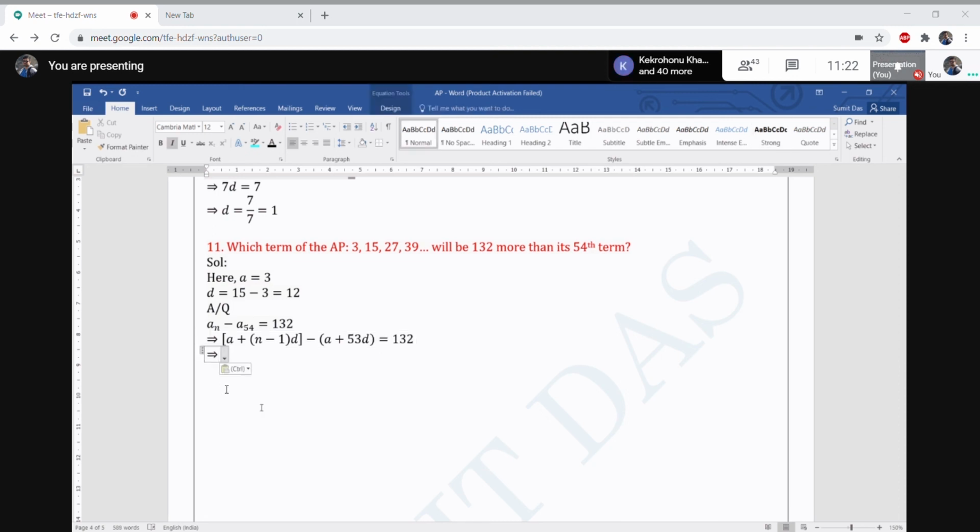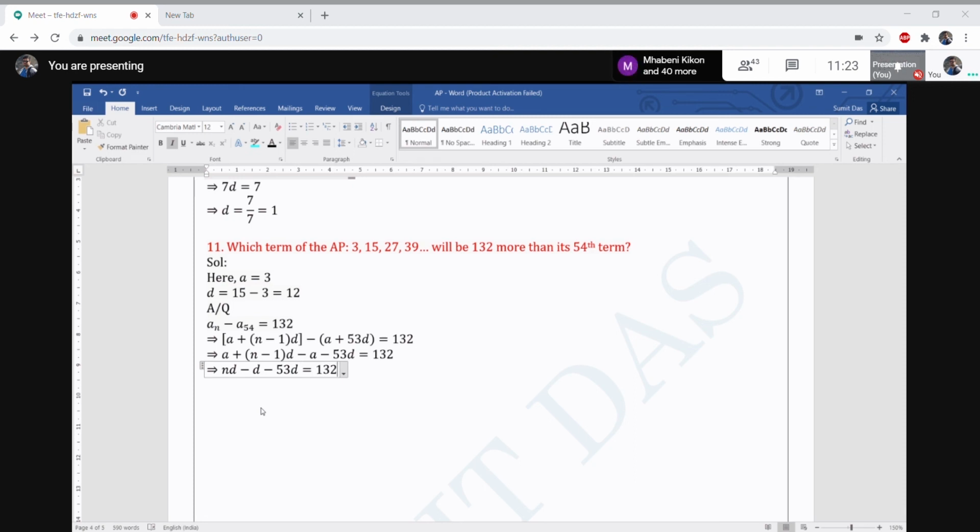Then open the bracket: a plus n minus 1 into d minus a minus 53d, which is equal to 132. Then a cancels, and it will be nd minus d minus 53d, which is equal to 132.